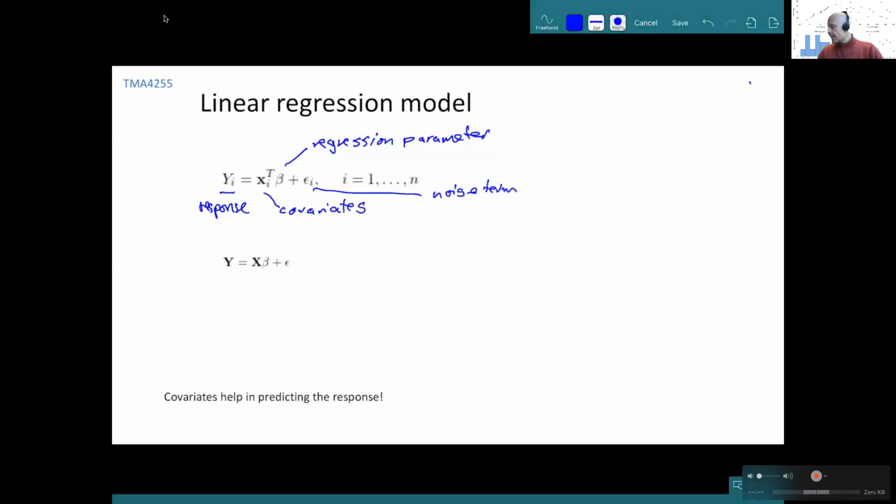Quite often you'll see that this is written in simpler forms, and then we write y_i equal to beta 0. This is then the intercept, which does not have anything to do with covariates. And then you regress this beta 1 x_i1 plus and so on up to beta k x_ik plus epsilon_i.